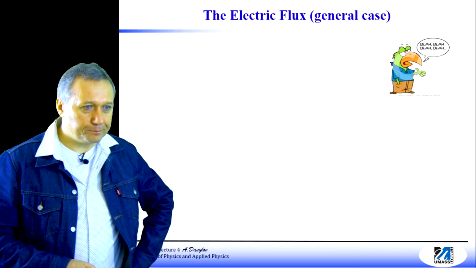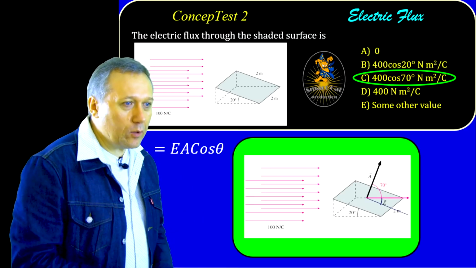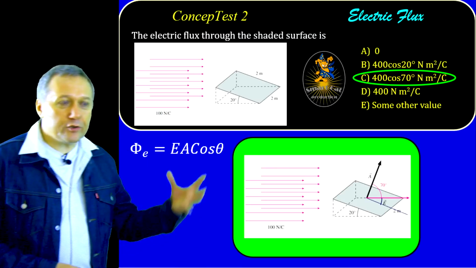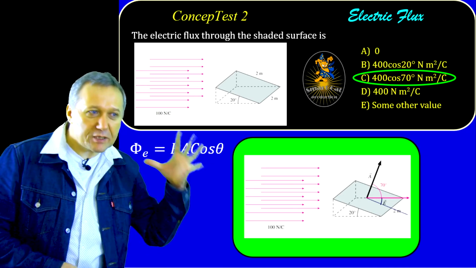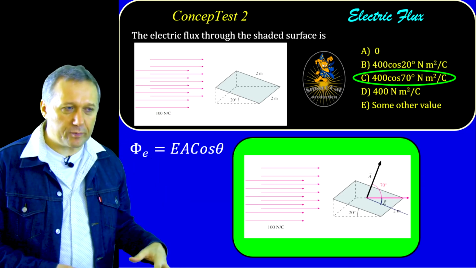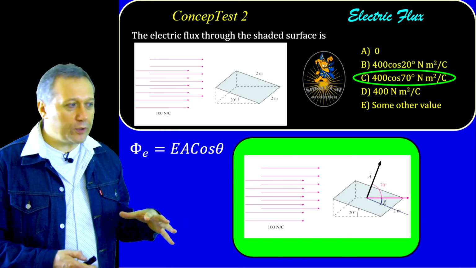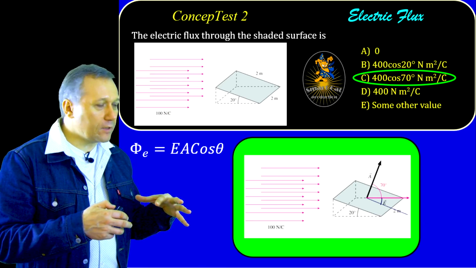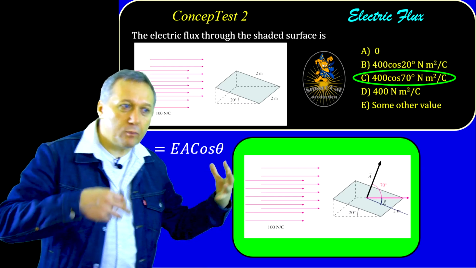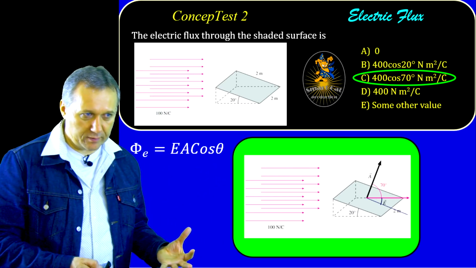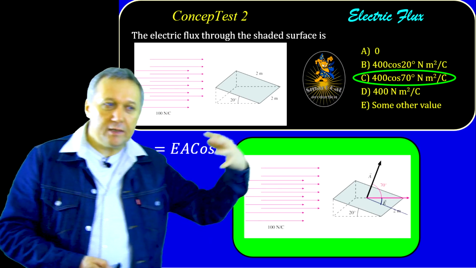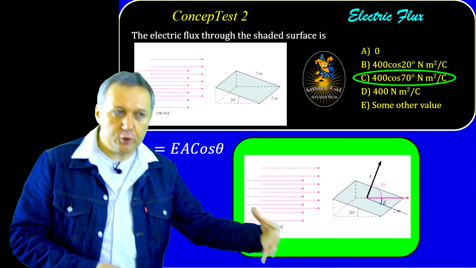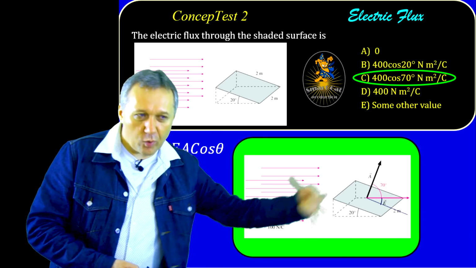So now we have introduced the definition of the electric flux for the simplest possible case: flat surface, uniform electric field. Now we need to introduce the formula for a more complicated situation. Again, we are preparing the final formula which can be used in Gauss's law, so we need to make this formula more and more complicated.